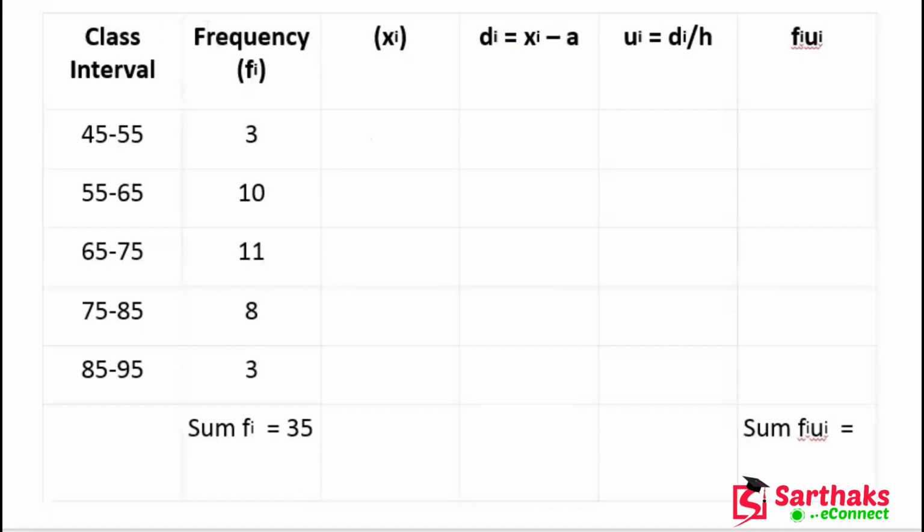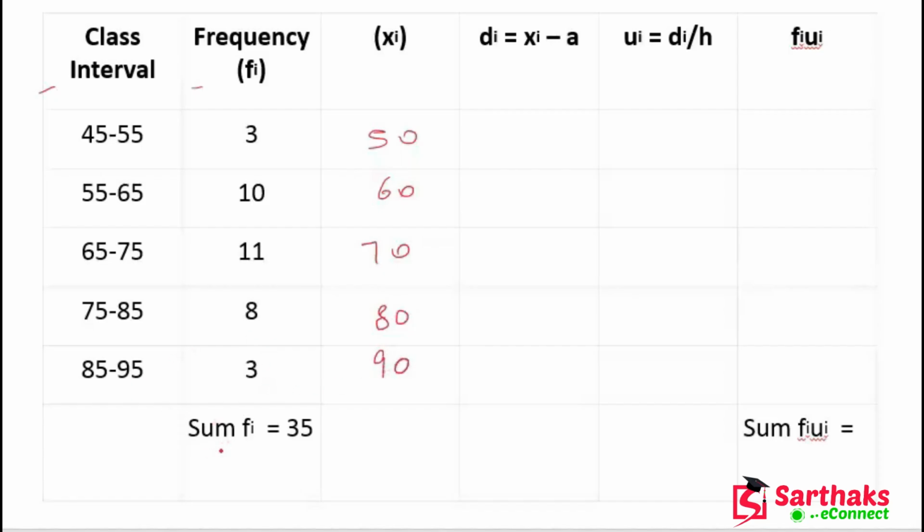So now in this we have class interval and frequency fi. Now we have to find the midpoints first of all. The midpoints are 50, 60, and if we find this we get 70, 80 and 90.